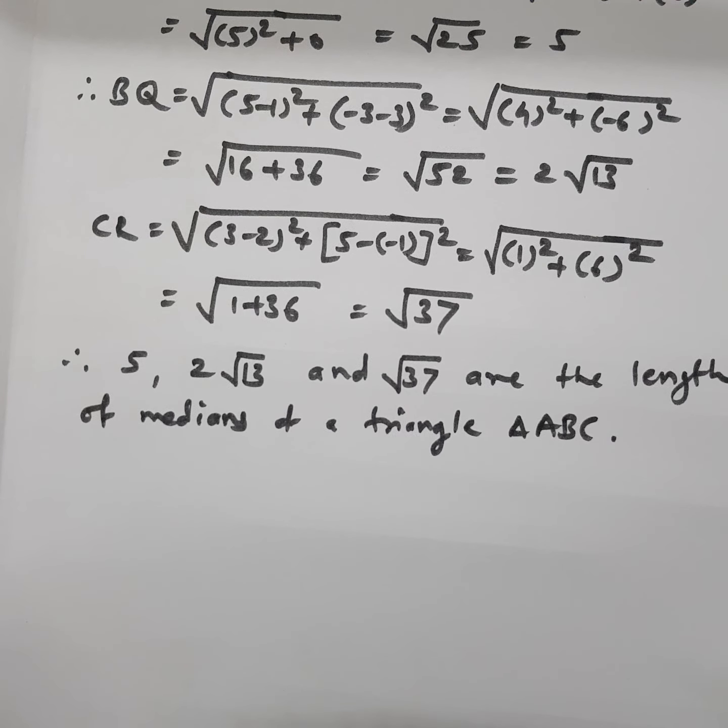Now the 14th example is also there. Find the coordinates of the centroid of a triangle if points D, E, F are the midpoints. Means in that example, midpoints are given and we have to find the centroid. The centroid divides the median in the ratio 2:1.